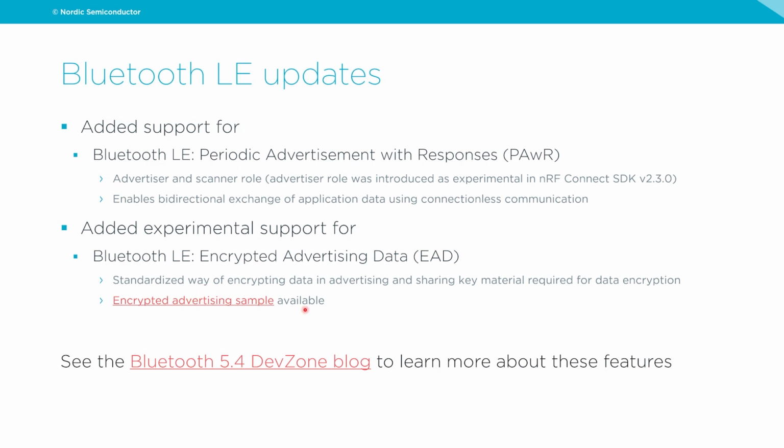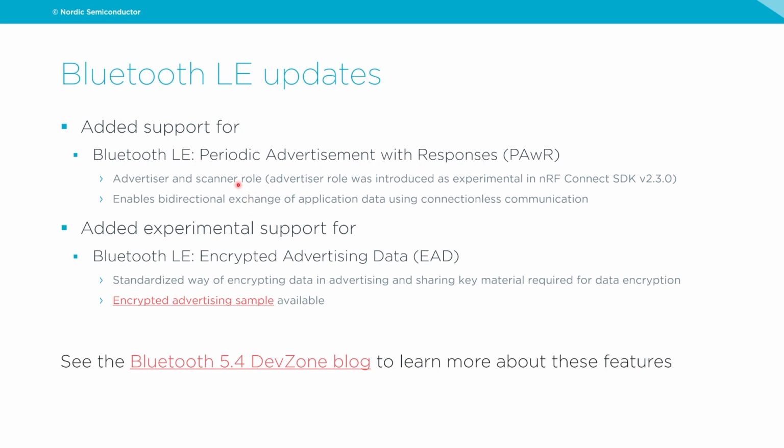If you want to know more about these two features, they were both introduced as part of the Bluetooth 5.4 specification, and we have a blog post on DevZone that goes a little bit more into the details. You can also look at the on-demand recording for the nRF Connect SDK version 2.3.0 webinar, where we talk a little bit more about the periodic advertisement with responses feature.